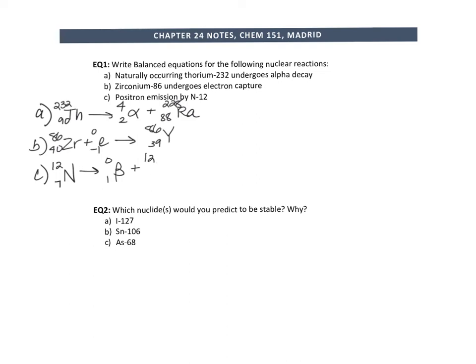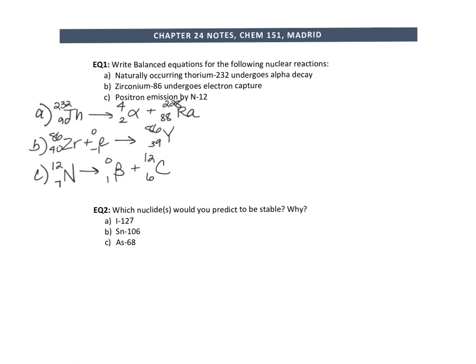It has 7 protons. When it loses a positron, my resulting daughter nuclide has to have 6 protons. So 6 protons makes it the element carbon. The total number of nucleons does not change, so I end up with 12 at the very end.